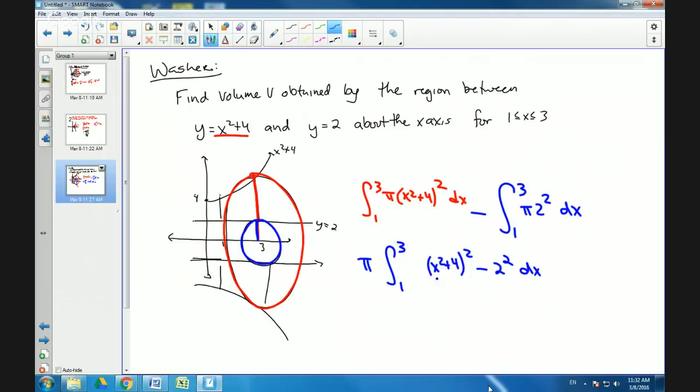These are equivalent statements. They both have a pi in them, so I can write that up front if I want to. And then it's outer minus inner, or top minus bottom.